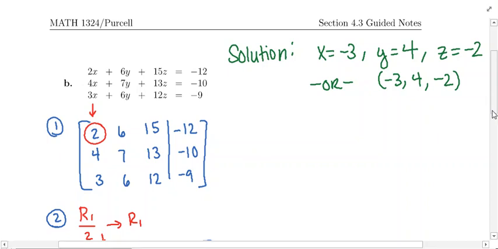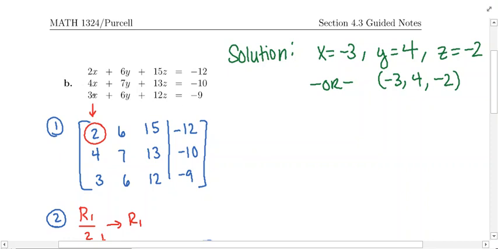If we go back to this problem, I will write this up for you so you can see the alternative method. You're going to get the same solution. One of the things you could have done to avoid the fraction, when you started off the system of equations, if you look at the third equation, all of the numbers are divisible by 3.